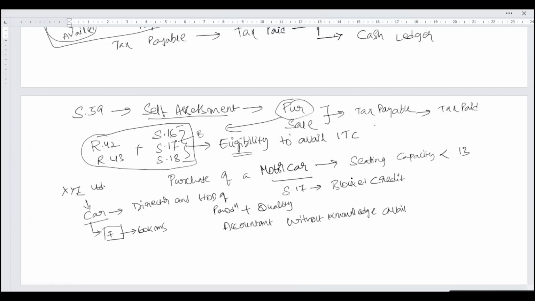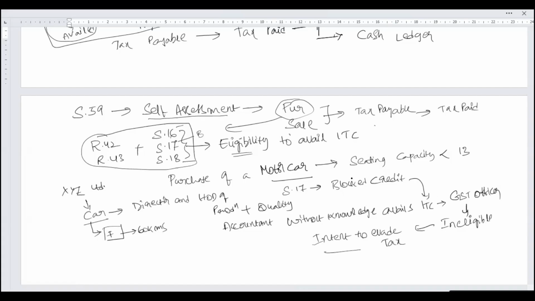avails input tax credit, which is blocked under GST law, then the GST officer will say that, look, you claimed input tax credit which is ineligible. Because you have claimed ineligible input tax credit, he will say there is an intent to evade tax.